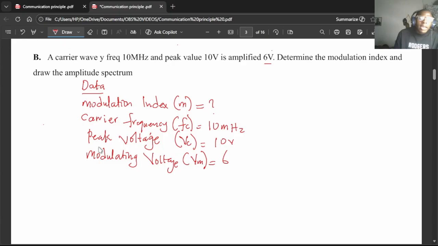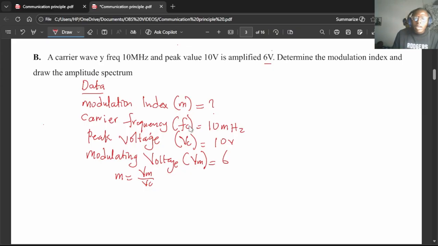Now remember, there was an equation. Your M is equal to VM over VC, where your VM is the modulating voltage and your VC is the carrier voltage, or your peak voltage. Am I communicating?